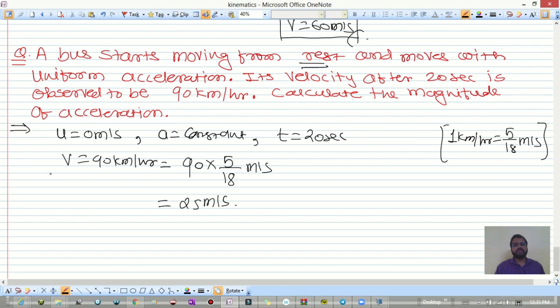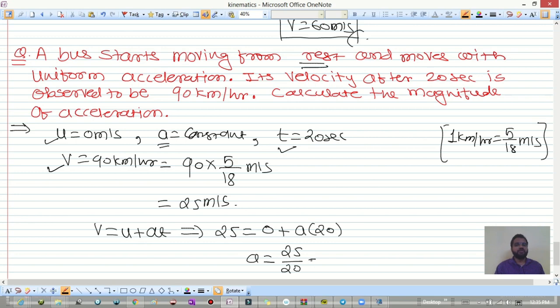Now we know final velocity, we know initial velocity, we know the time, so we can find acceleration. Use v is equal to u plus at. What is v? 25, which is equal to u, 0, plus a, which we want, and t is 20. So a is equal to 25 divided by 20, which is 1.25 meter per second squared.